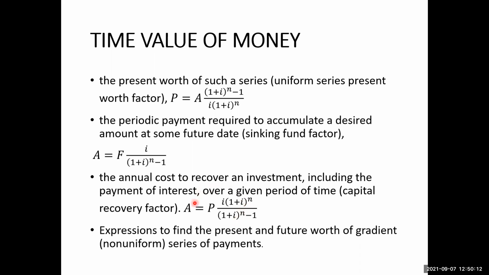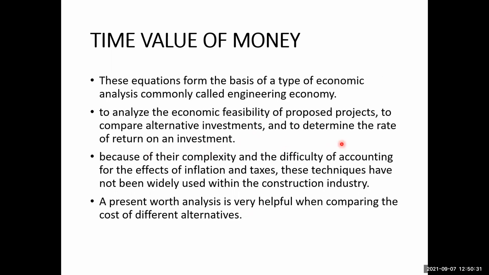But if you do it manually, then there is no direct method. So you will need to use the trial and error method to find the interest rate, because there is no direct equation that will give you that. So finding the interest rate is the same as finding the rate of return of an investment.